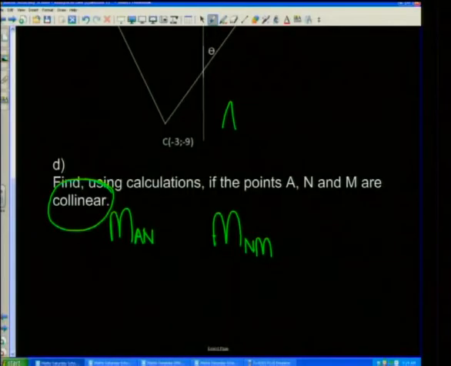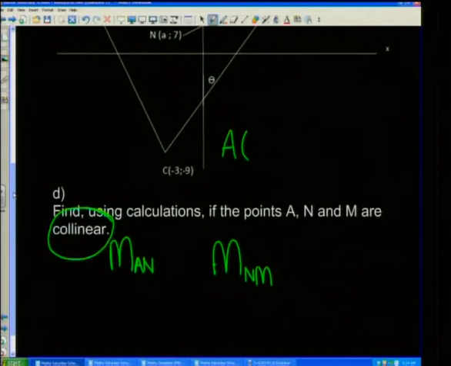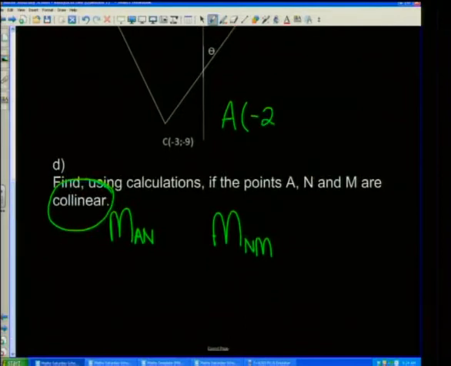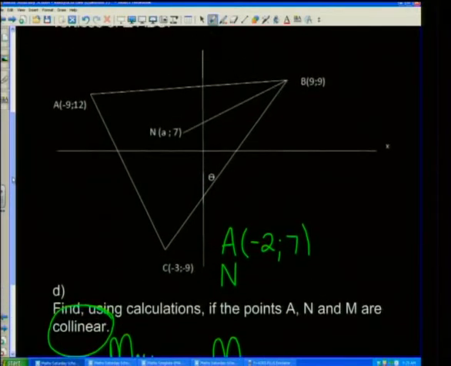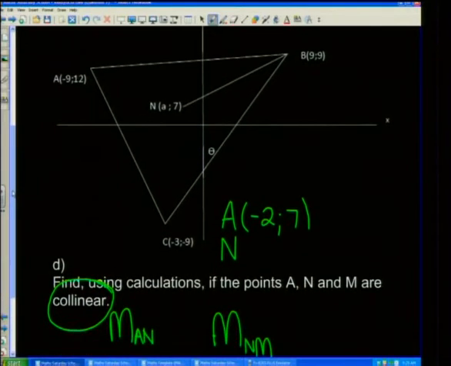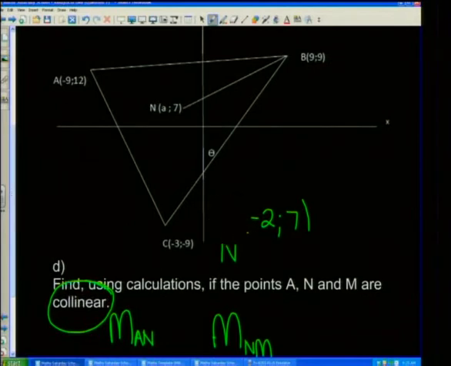Point A, coordinates of A, let's just quickly write them down again. A was -2 and 7, that was proven earlier. Let's just rewrite that.